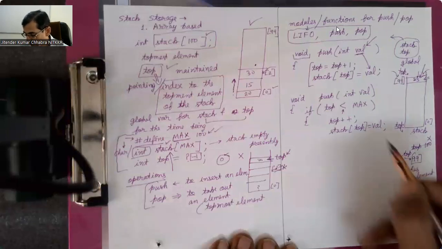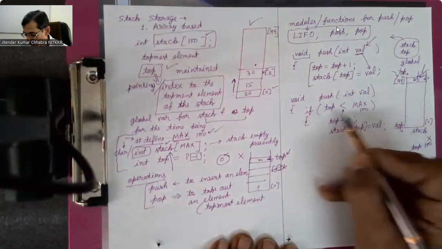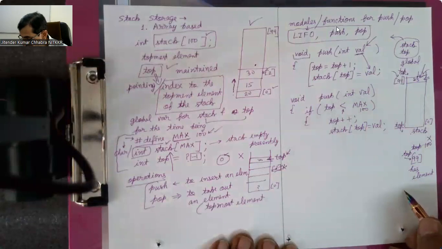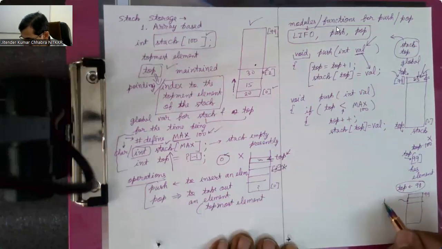So even if I say if top is less than max, max is 100. If top is 99, it will be incorrect. If top is 98, yes, top 98 means I'm allowed to store up to 99. At present, top is here.